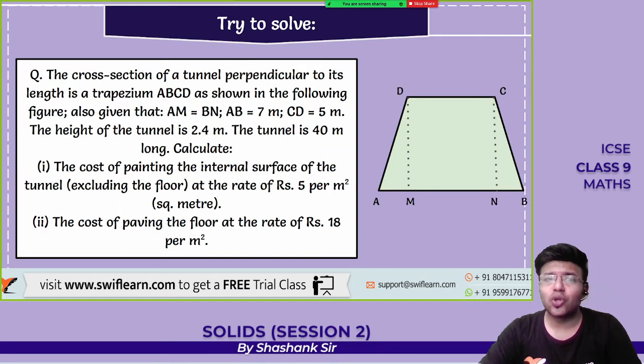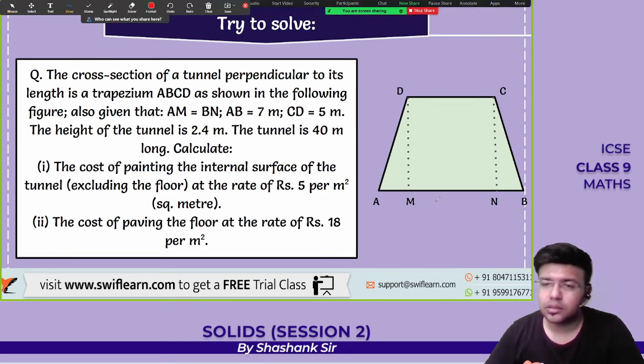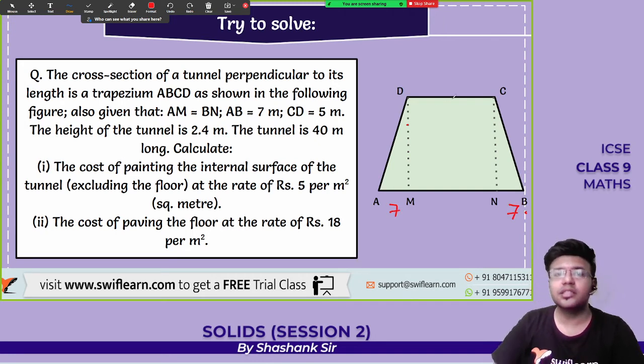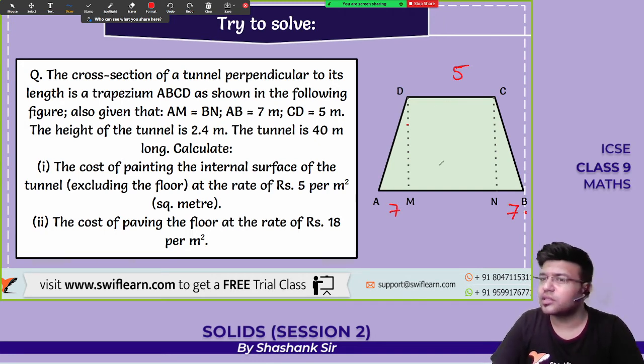Now let's try to solve this. The cross section of a tunnel perpendicular to its length is a trapezium as shown in the following figure. Given that AM is equal to BN, and this is 7 meters, and CD is equal to 5 meters. So 7 plus 7 plus 5 is 19 meters.